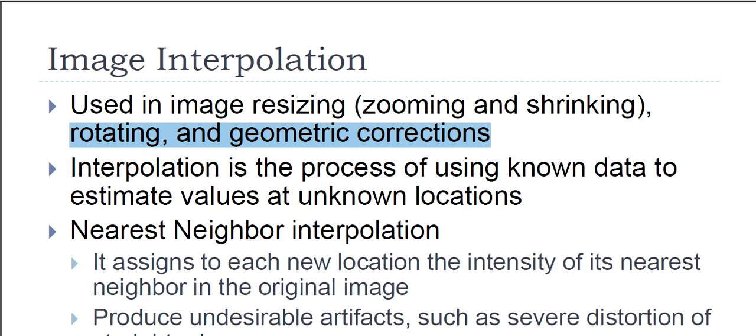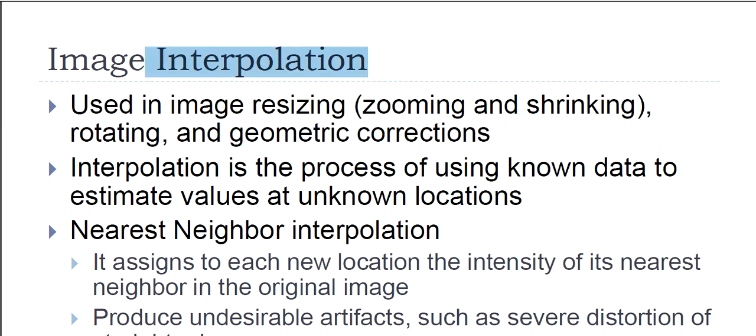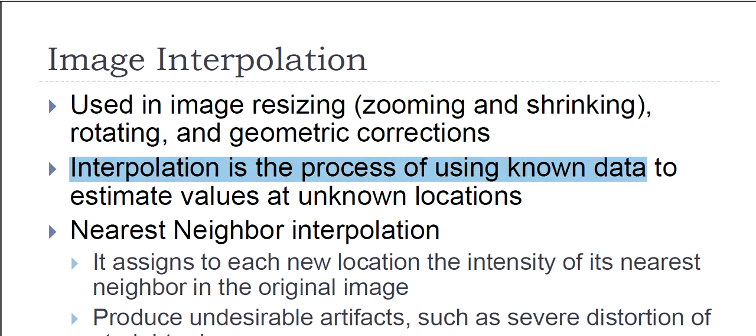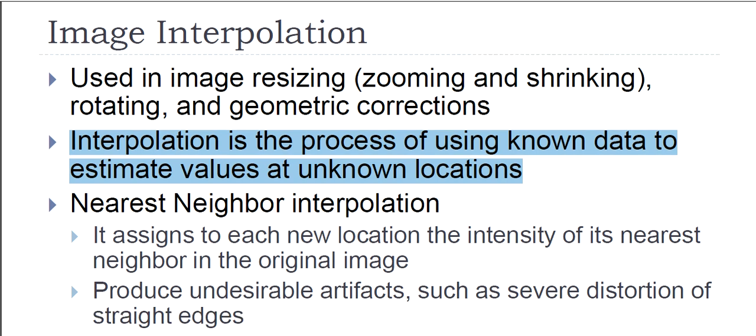Note it down: interpolation is the process of using known data to estimate values at unknown locations. We use known data to estimate values for unknown locations. That is image interpolation.